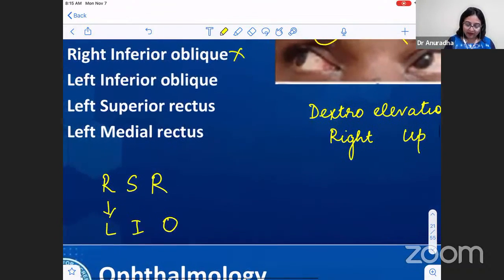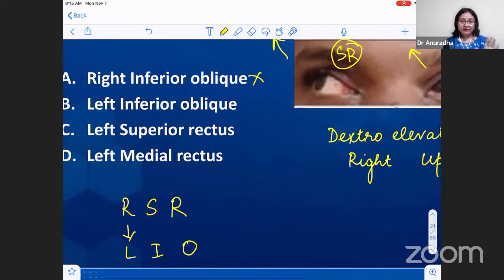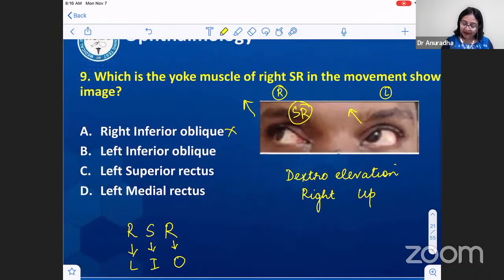So if they have given you one muscle, right superior rectus, the yoke muscle for that will be: right to left, superior to inferior, and rectus to oblique. So that will give you the yoke muscle. So in the left eye, it is the inferior oblique which is causing the movement.